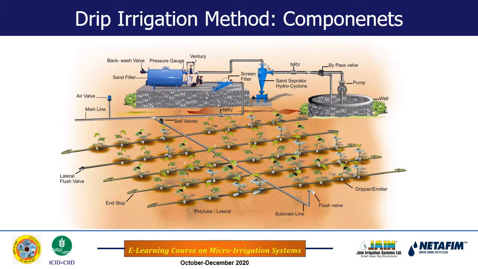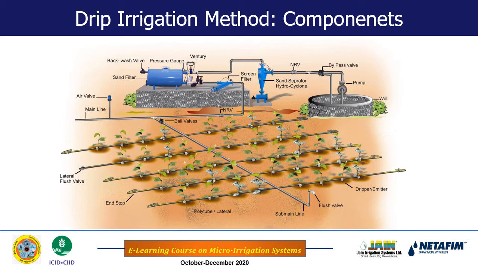The area below the valve is known as the subunit, and there is a submain with laterals on both sides. On the laterals there are emitters, and along the laterals there is a row of plants to be irrigated. Now in the field there may be several such subunits.